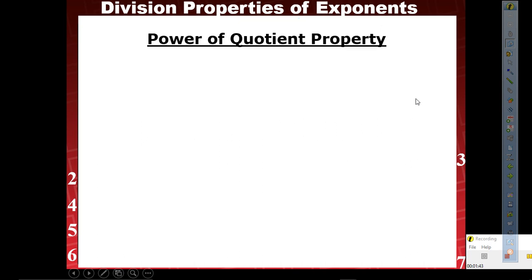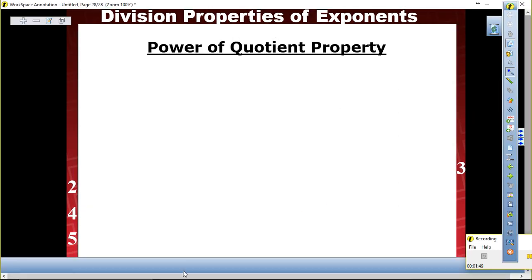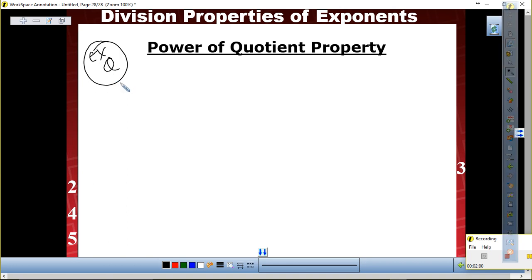And I want you to write on your paper, power of quotient property. Power of quotient property. Example Q. Power of quotient property.